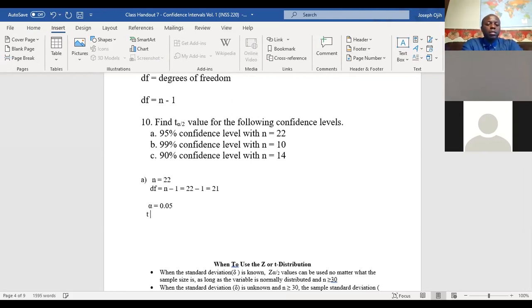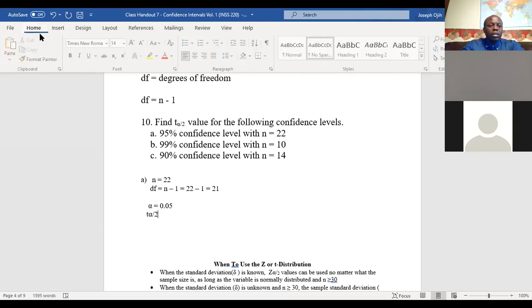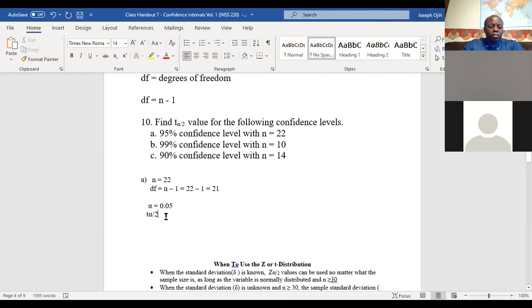So our T alpha over 2 will become, let me see, equals, then we look at the table. The alpha over 2 now becomes this figure. So we have our degree of freedom as 21 and alpha is 0.05. We can now go to the table and look for it, the table of the T distribution table.